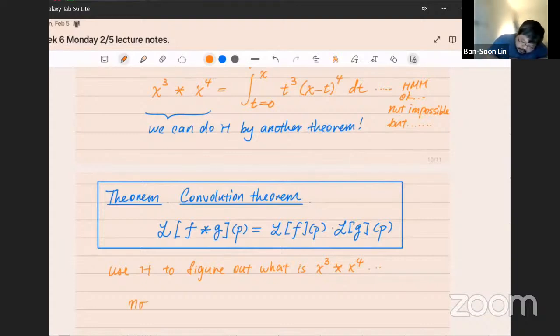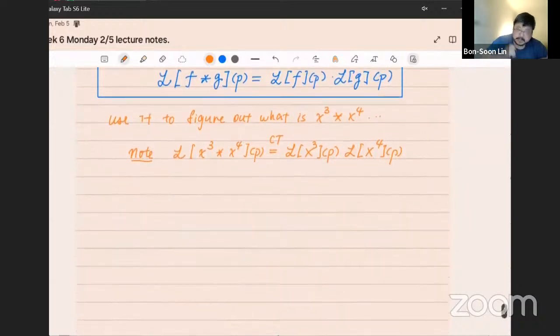Notice the Laplace transform of x cubed star x to the 4th as a function of p, by the convolution theorem, is equal to the Laplace transform of x cubed times the Laplace transform of x to the fourth. You may abbreviate convolution theorem as CT. So I'm using the convolution theorem here. So far, so good, right?